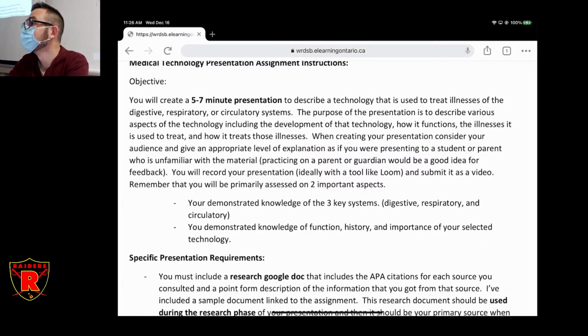If we have to demonstrate knowledge of the three systems? Not just the three, sorry, you can pick a system. Oh, okay. Yeah, one of the three systems. Good question. So you don't necessarily need to show your knowledge of all three systems, you need to pick a system. Now, you may pick a technology where there's an obvious illness in multiple systems, or there's a crossover between the two, and then that might be what you show, but it doesn't have to be all three.